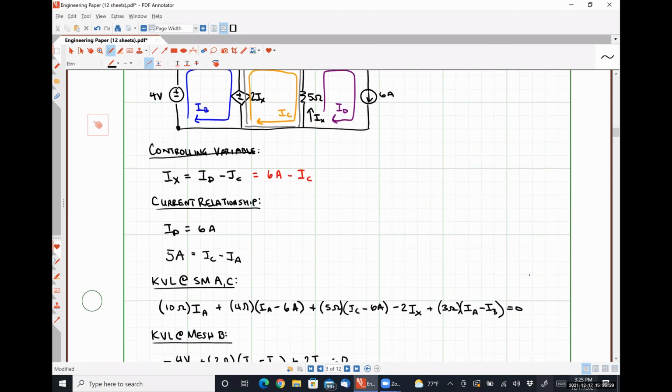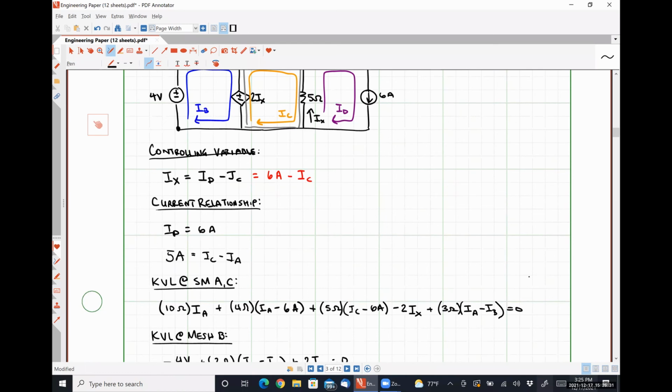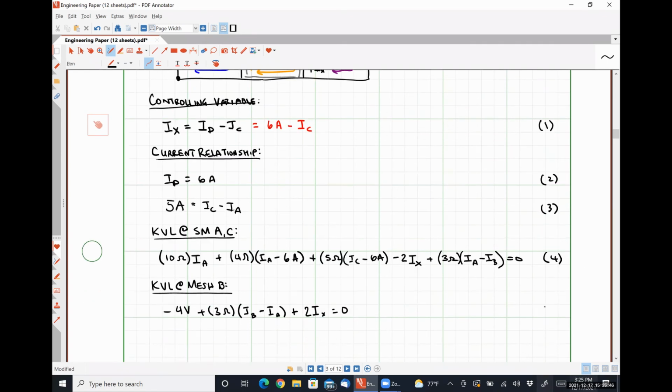We have 5 unknown quantities: IA, IB, IC, ID, and IX. And we have written 1, 2, 3, 4, 5 equations. So we have enough to solve it.